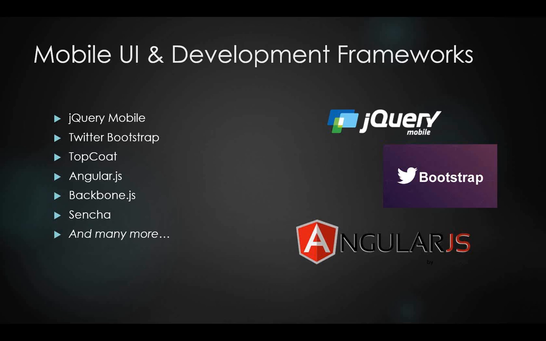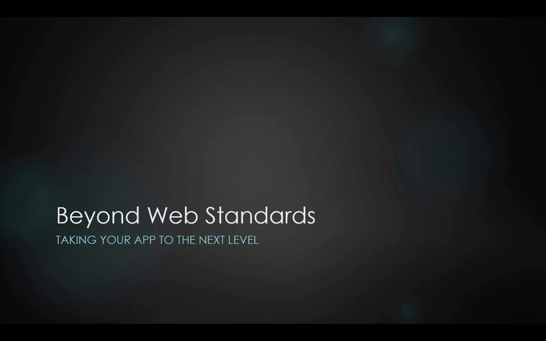We've also got JS libraries like Angular and Backbone that you can use to develop full JavaScript applications. So if you're familiar with Angular or Backbone, you can use that to write your PhoneGap application. That's your development framework. And as I mentioned here, there's many, many more aside from this, which I'm sure you're all aware of.